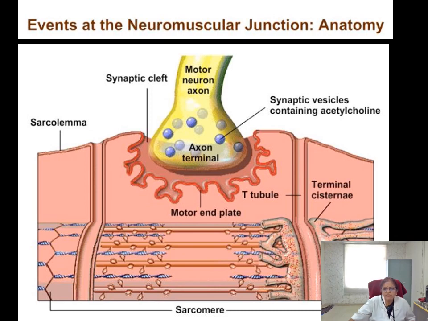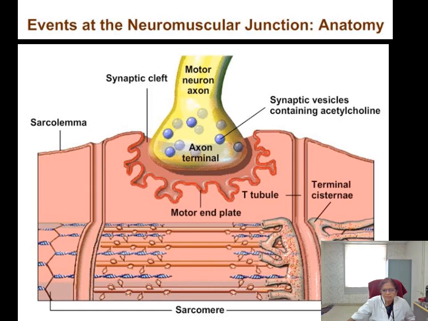The depolarization wave will be transferred horizontally in this direction, and whenever it passes through the T-tubule, it will go into the interior. What is the T-tubule? Nothing but an invagination of the sarcolemma. The sarcolemma is nothing but the cell membrane made up of phospholipid layers.